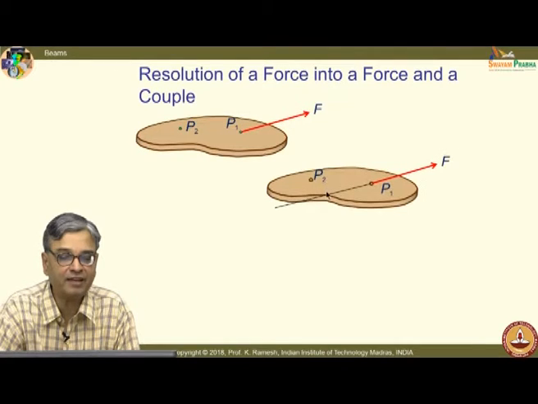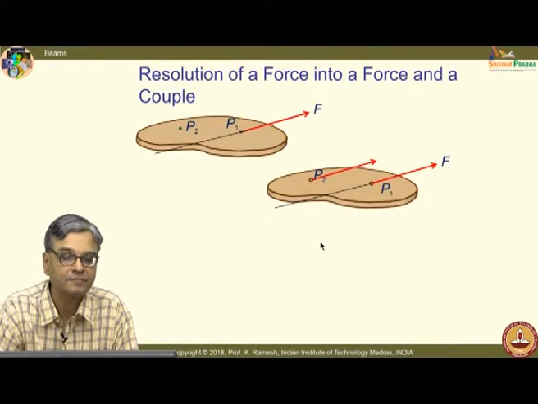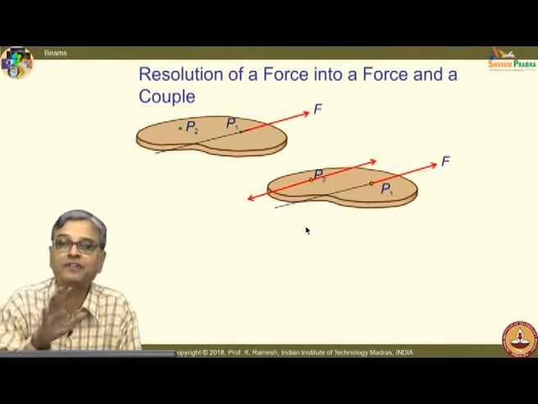And this is where we learned, if I want to know the effect of the force F acting at point P1 at point P2, I put a force parallel to this and cancel this force at point P2, so that I have the same external effect. So, when I put the force like this, the external effect is not altered.